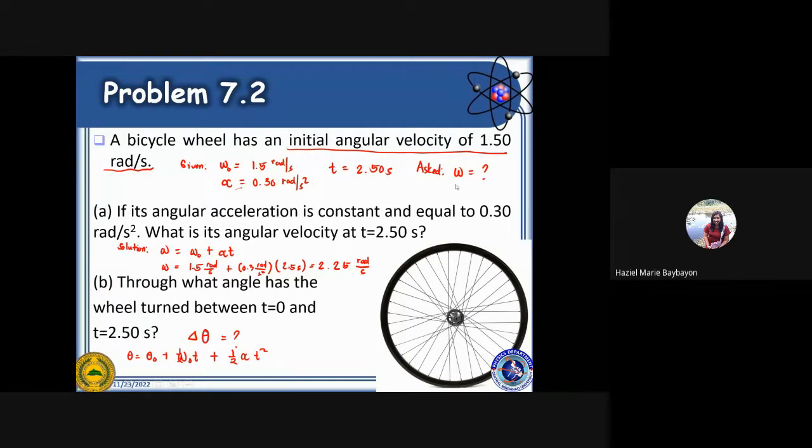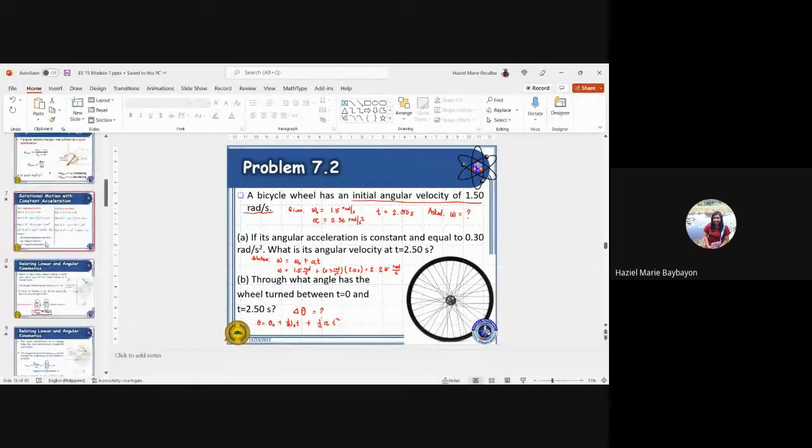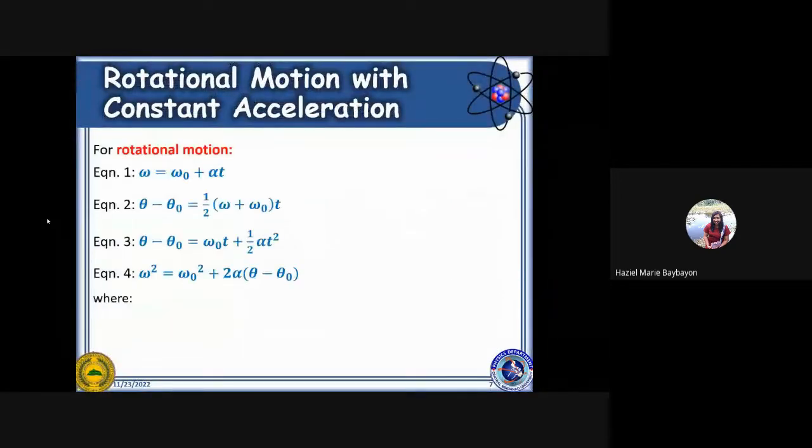Is this the equation we will use, class, or do you understand it already? I'm confirming with you, class, to be sure. Okay. Yeah, this equation. We can use this equation to find delta theta.